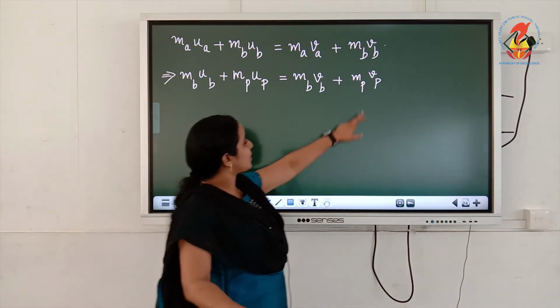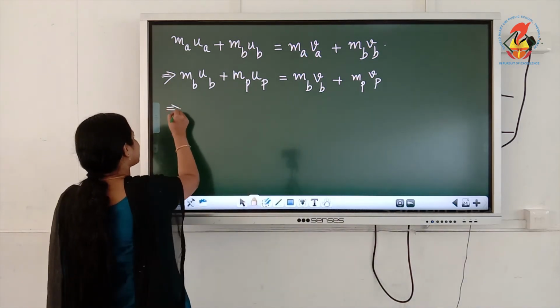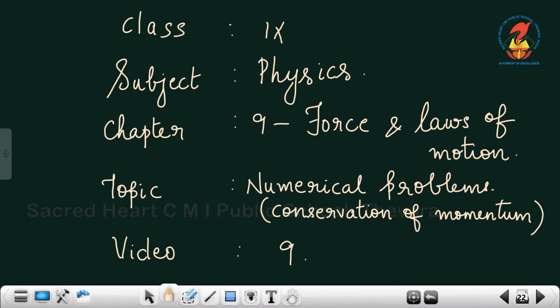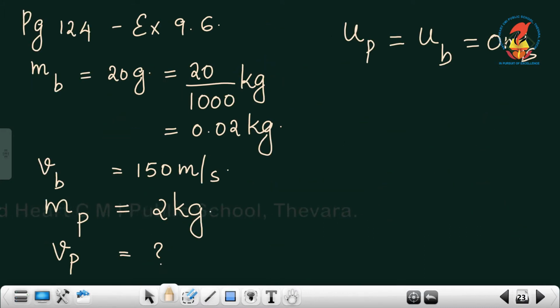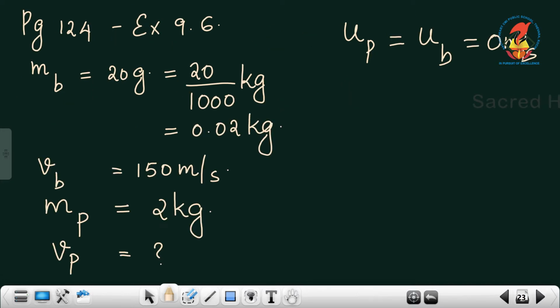Now, the question is to find the velocity of the pistol. So, let us substitute the values. What is MB? Mass of bullet is 0.02 kilogram. So, 0.02 into UB. Initial velocity of bullet is 0. Plus MP, mass of pistol, is 2 kilogram.